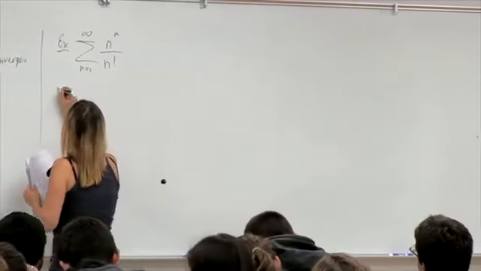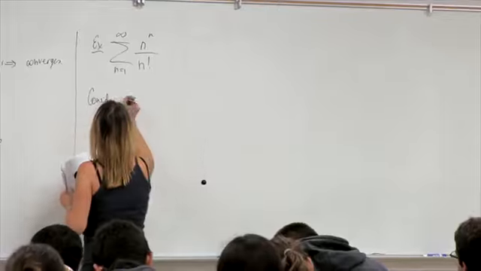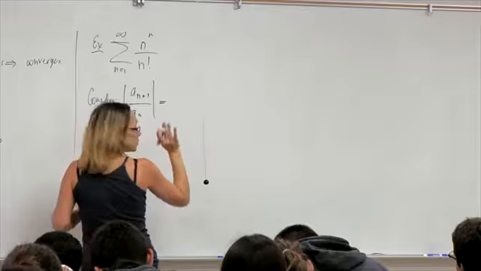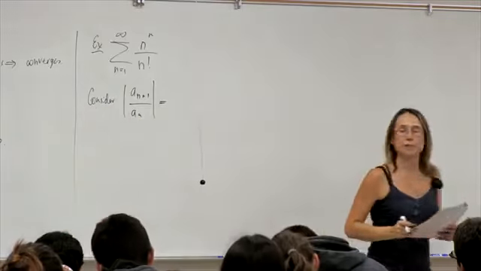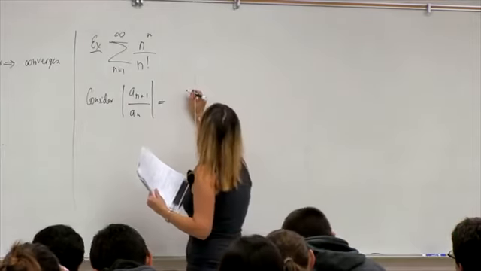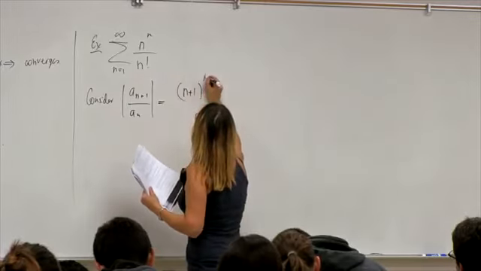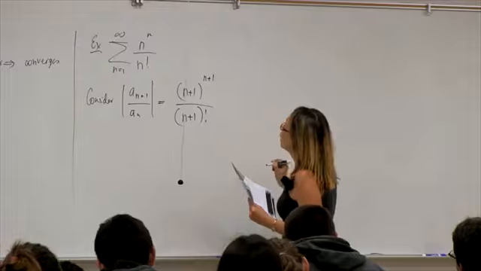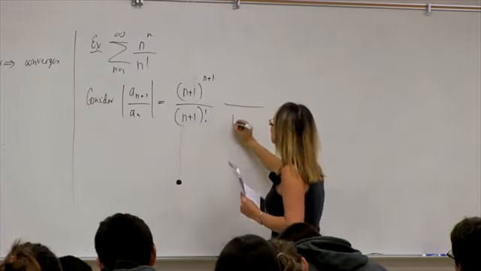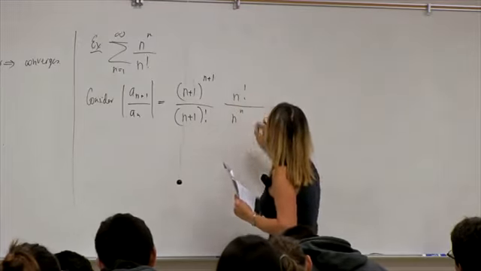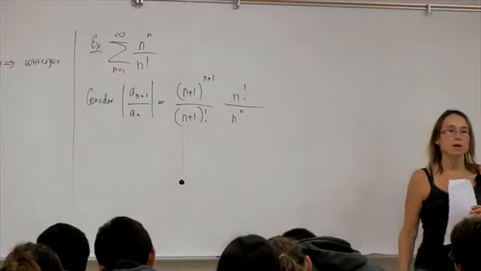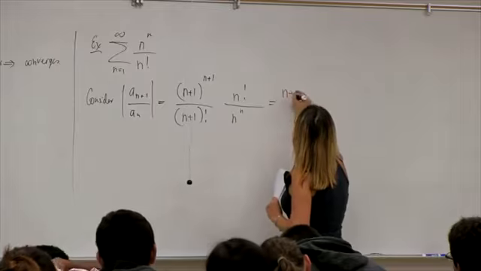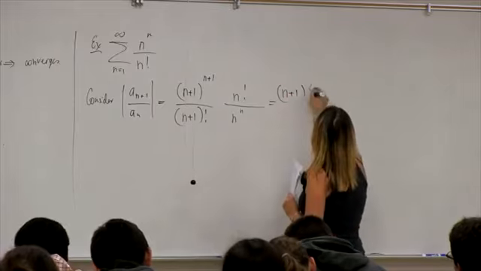Okay, so we consider a_{n+1} over a_n. I'm going to drop the absolute values because everything is positive here. So what's a_{n+1}? We have (n+1) to the n+1 over (n+1) factorial, divided by a_n, so I have n to the n over n factorial. Okay. Now we want to simplify.